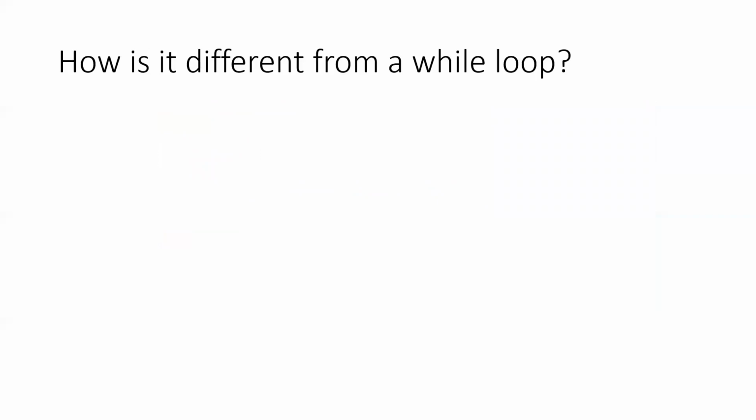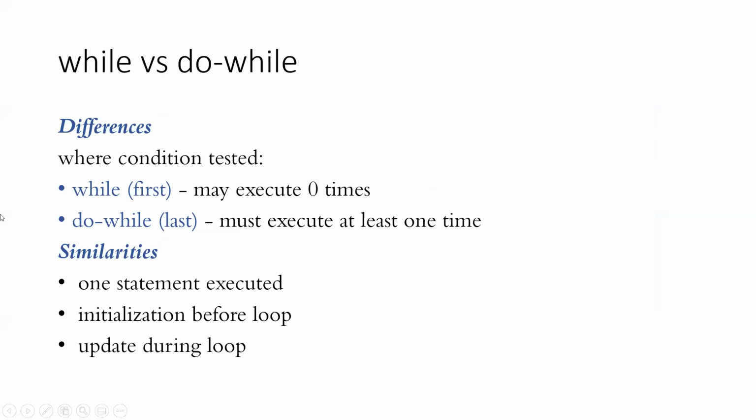But how is it different from a while loop? There are differences in where the condition is tested. In the while loop, the condition is tested first, so it may execute 0 times if your condition is already false in the first place.